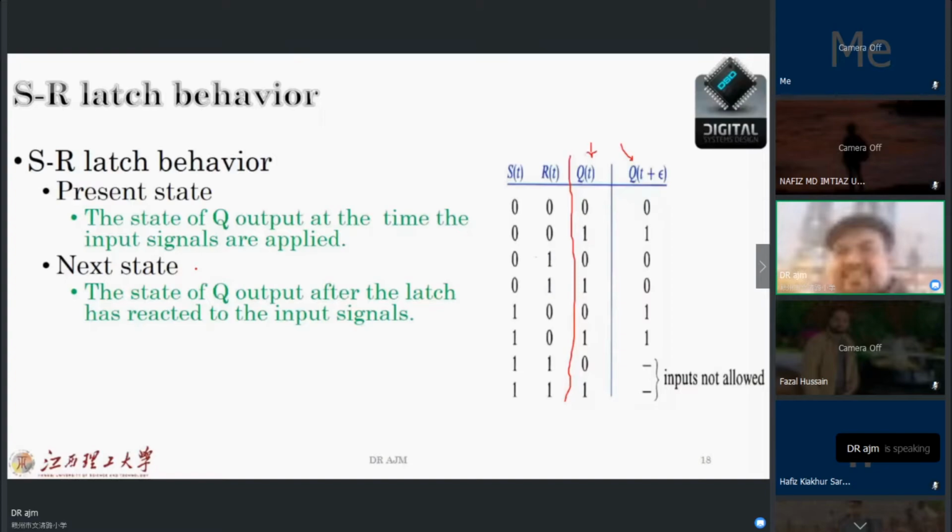Here is nothing but the previous table again, but here we have some conditions like this. If you can see, we can have the present state of 0 or 1 and then see the performance of the SR latch.